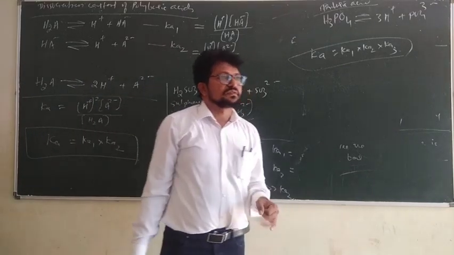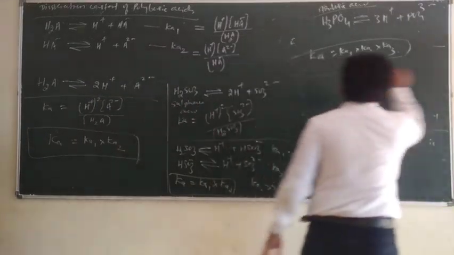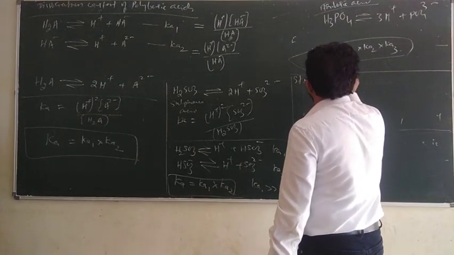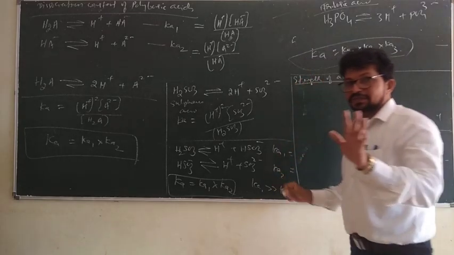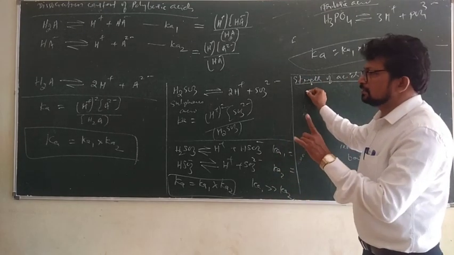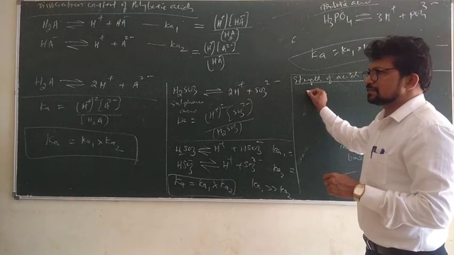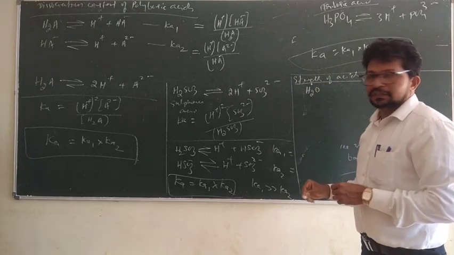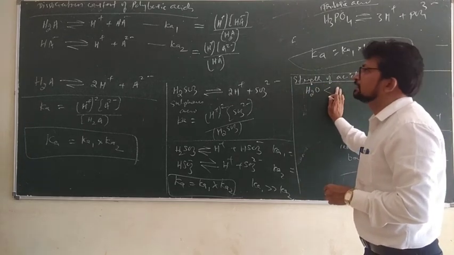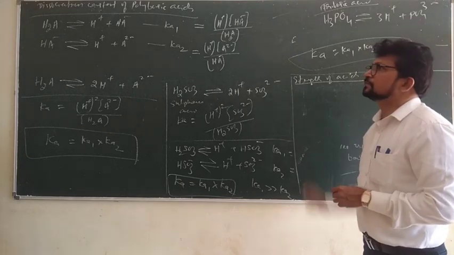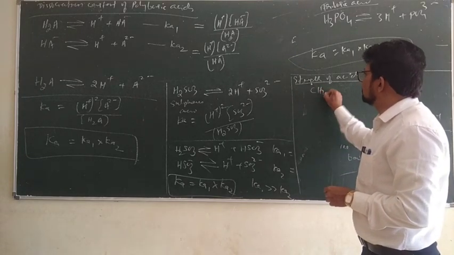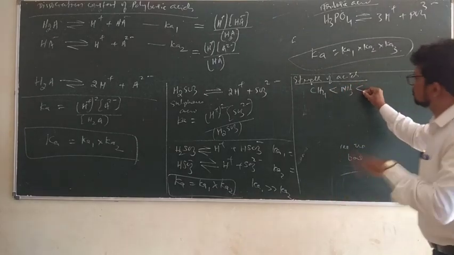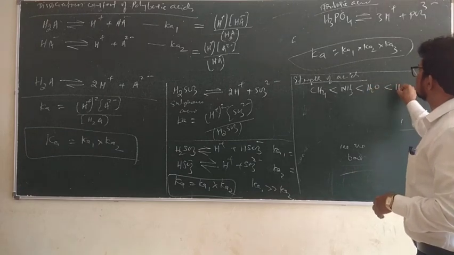So some of the strength of acids can be predicted. Please remember the strength of acids across a period, for example the second period: CH4 lesser than NH3, lesser than H2O, lesser than HF.